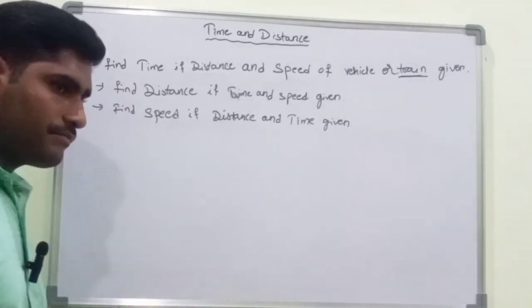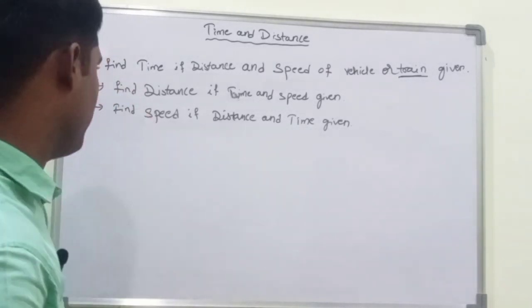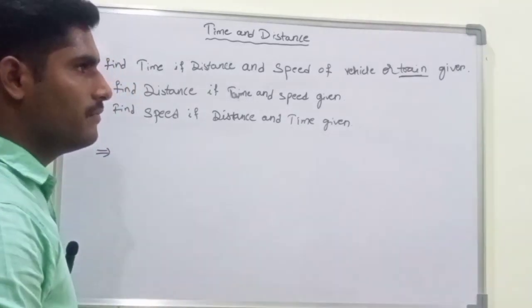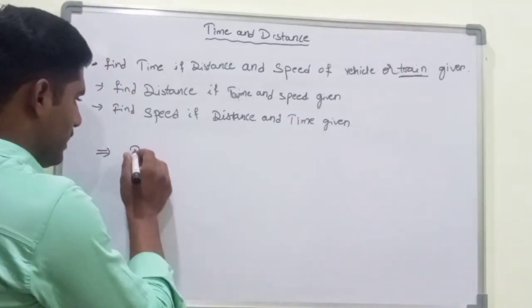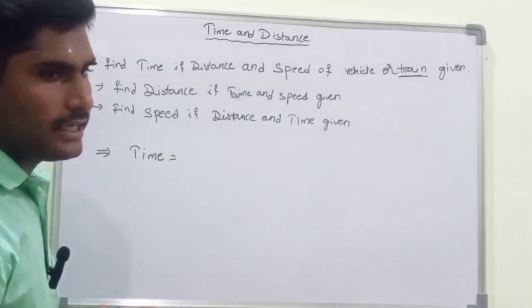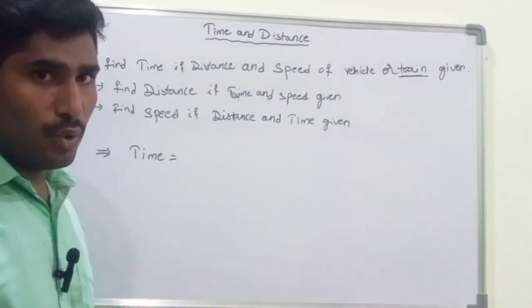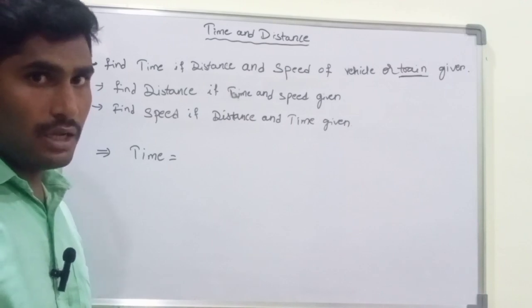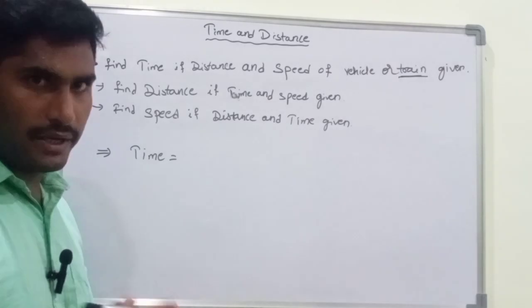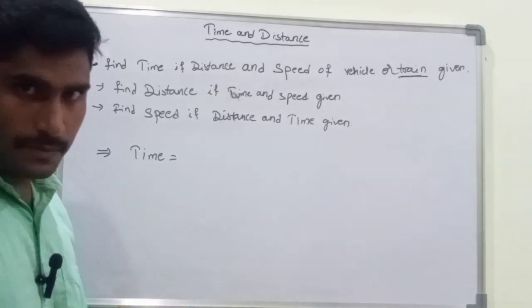Firstly we have to find time. How do we find a time? We can find a time by knowing how much distance has been covered with some particular speed.